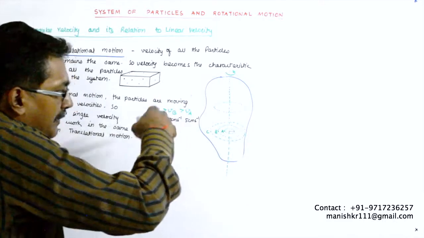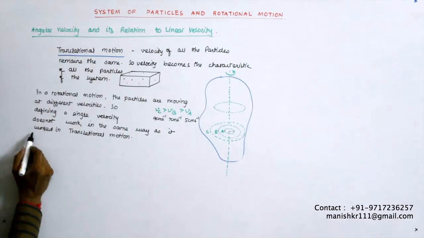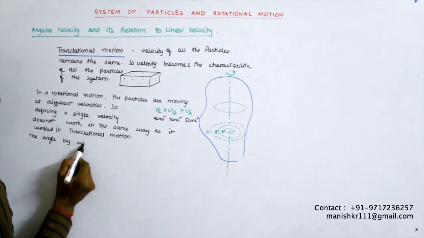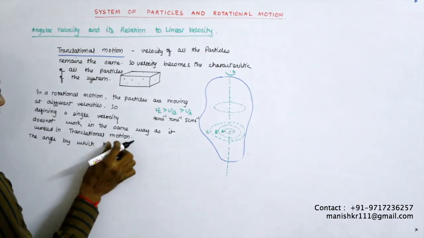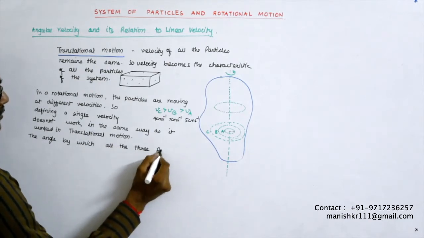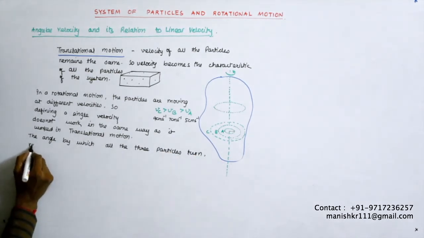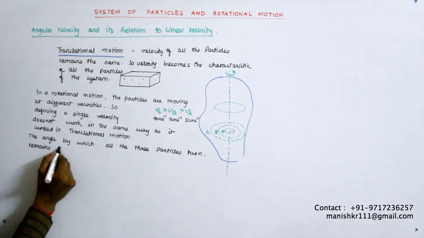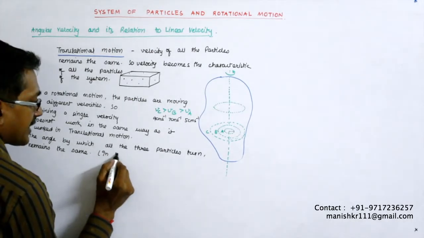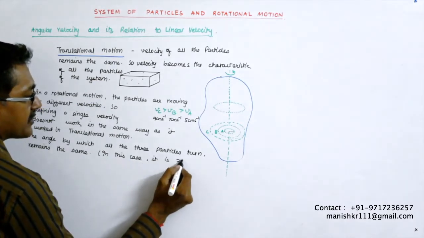But the angle by which all the three particles turn remains the same. In this case, it is 2 pi radians, is it not, for one turn?